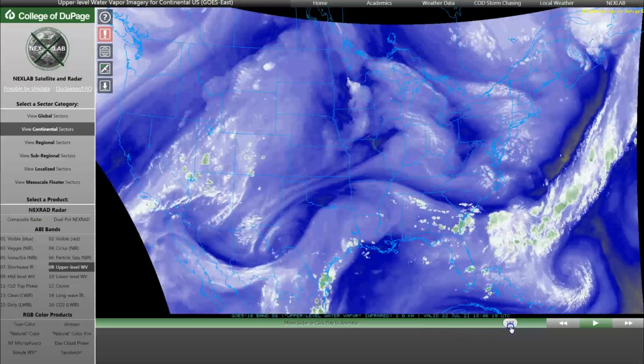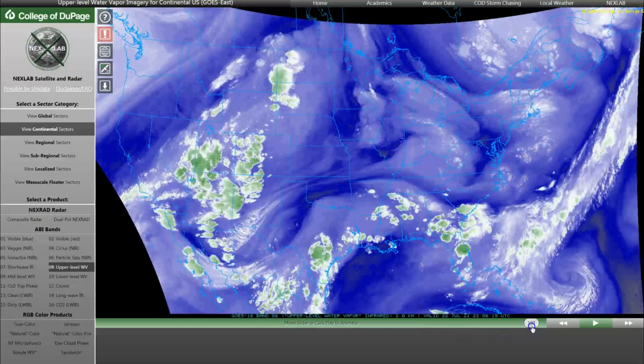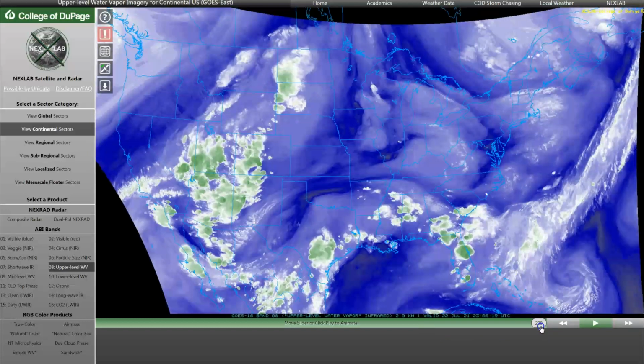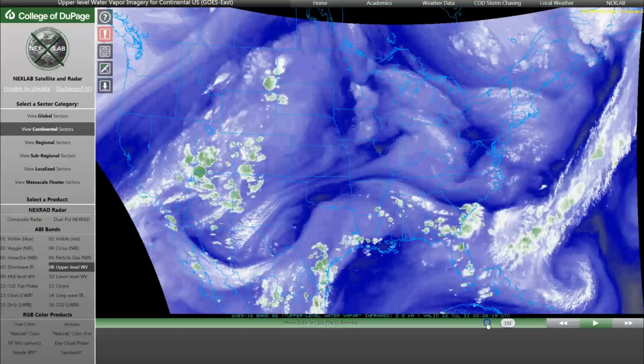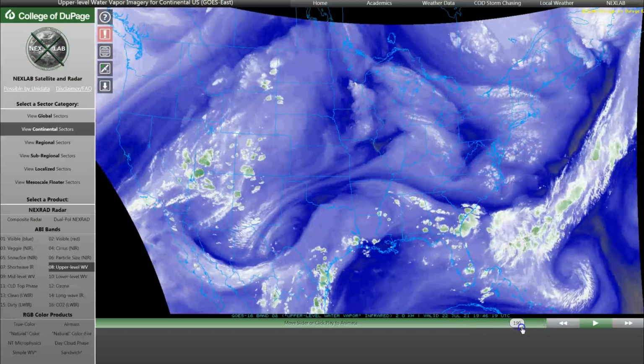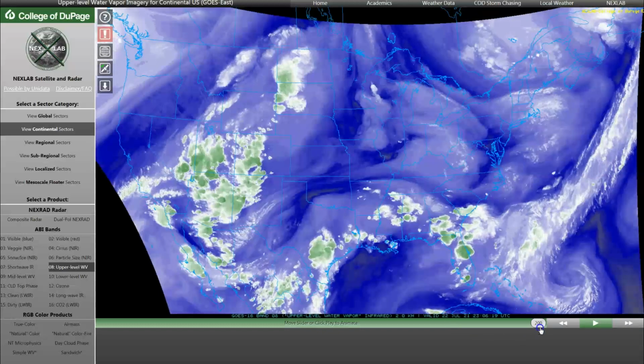We can see the retrograding upper level low over Texas, the monsoon season building up too, on the east and northeast side of the upper level low, and the monsoon season already ongoing across parts of the area that have severe fire danger and drought across the region. And of course our upper level low spinning off into the Atlantic as well.